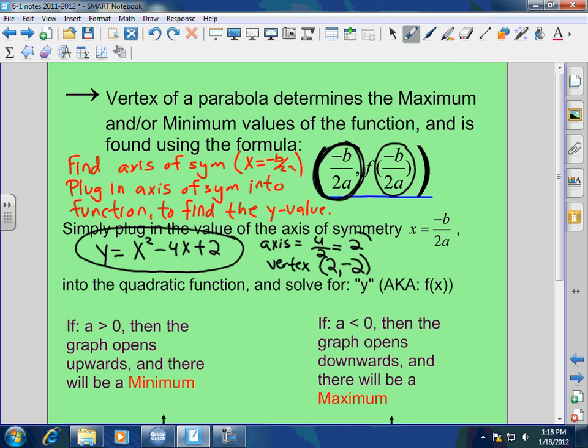What is my negative b over 2a here? 2. Did I not plug 2 into this function? So what don't you get? 4 minus 8 is negative 4 plus 2 is negative 2. Find the axis of symmetry, plug it into the equation for every x, and you're going to get a y. That is your vertex.